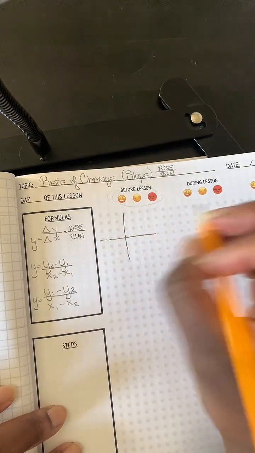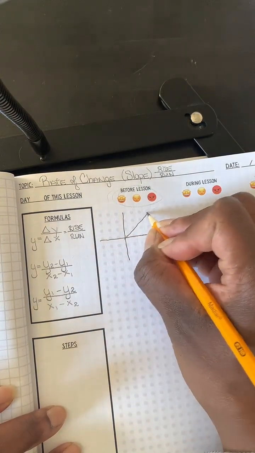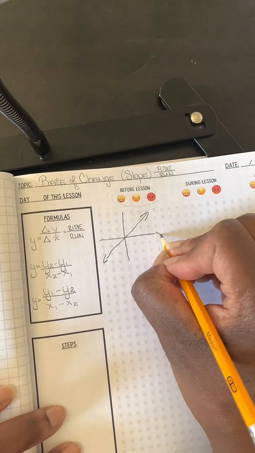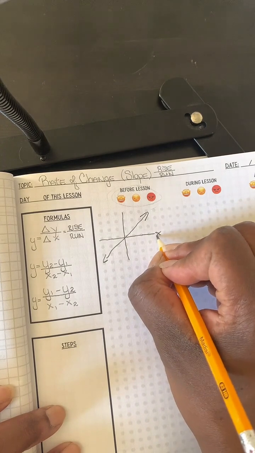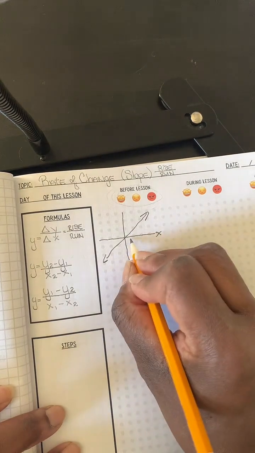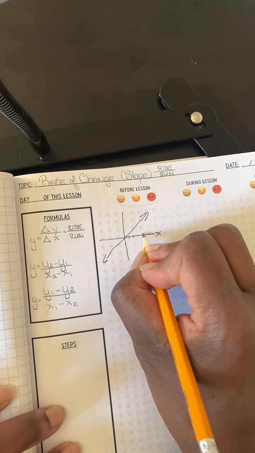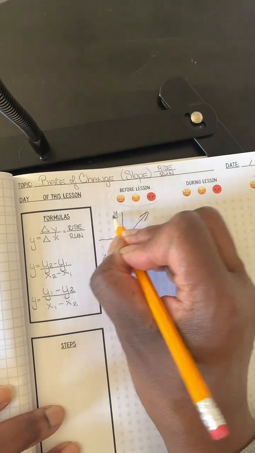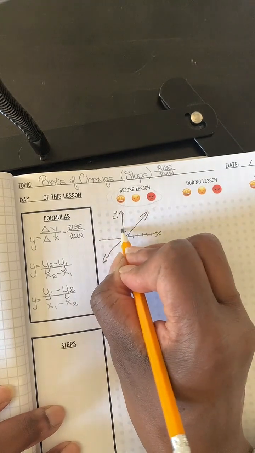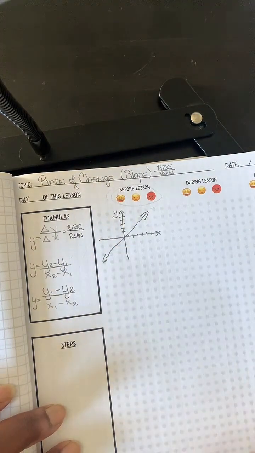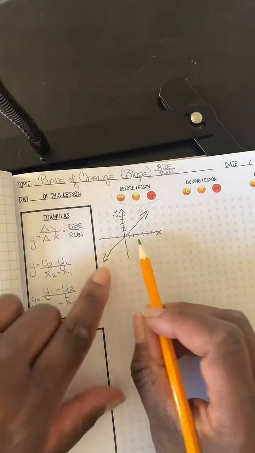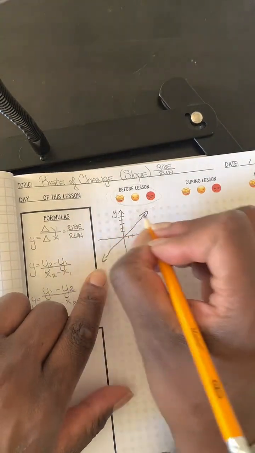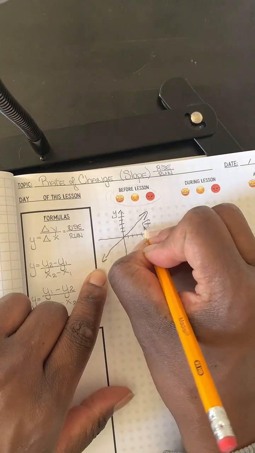If I'm going positive, and I'll draw a rough graph, that means as my x values, which usually go left to right, are increasing, my y values, which go up and down, are also increasing. So when x and y are both going up, you have a positive slope.